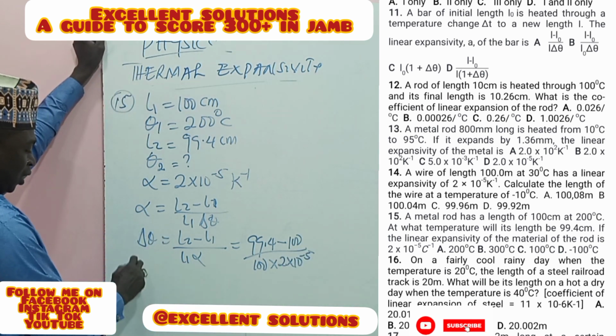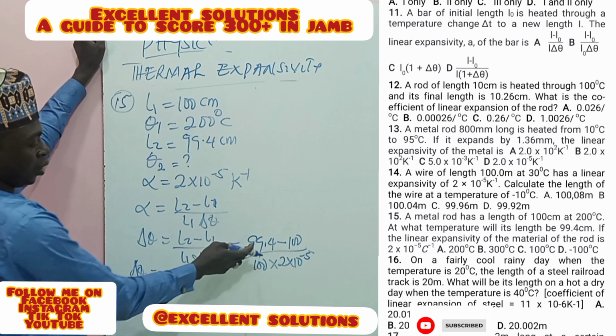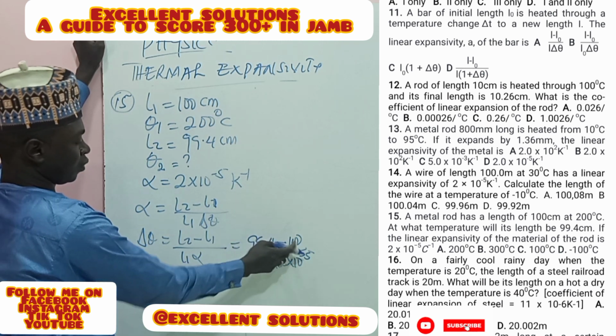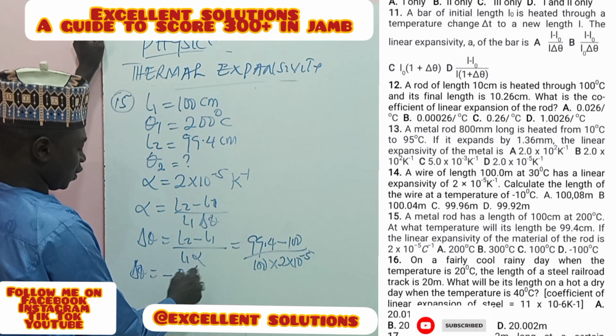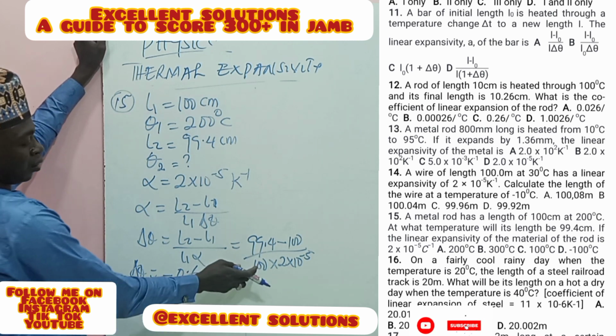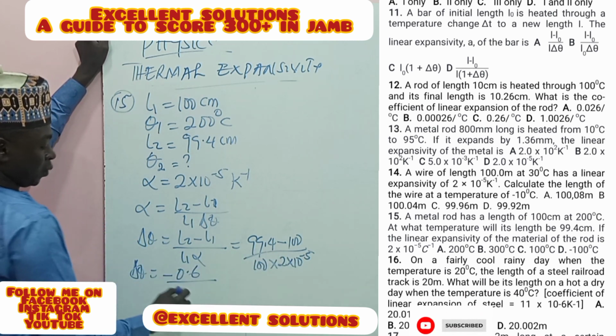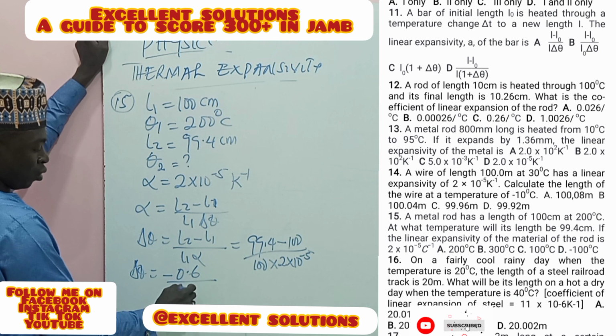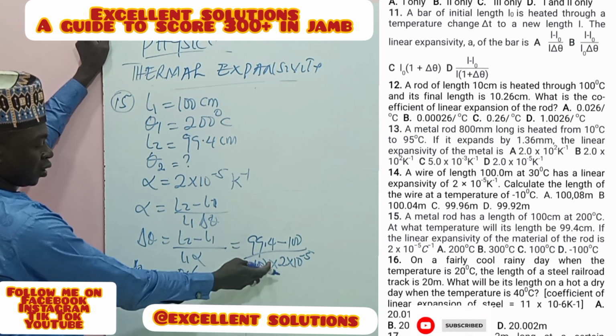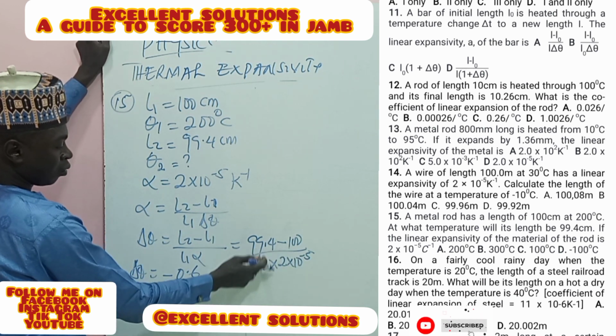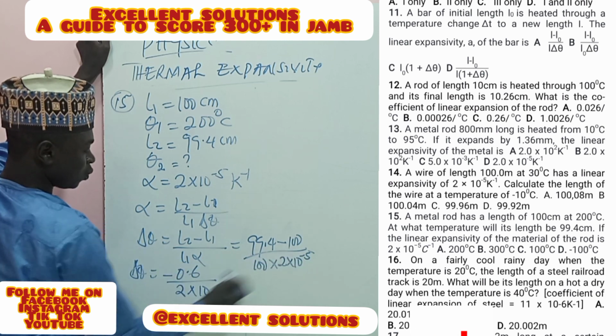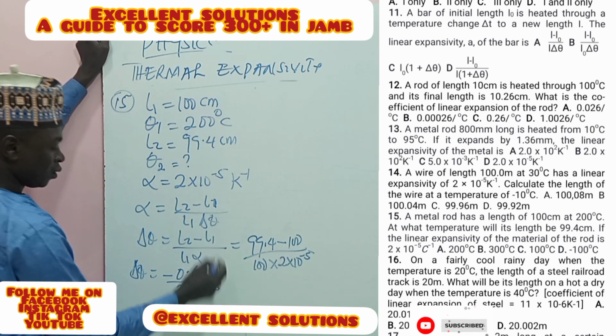So we can now have delta theta equals 99.4 minus 100, we have minus 0.6, divided by 100 times 2 exponential minus 5, which is the same as 2 times 10 raised to the power of minus 3.